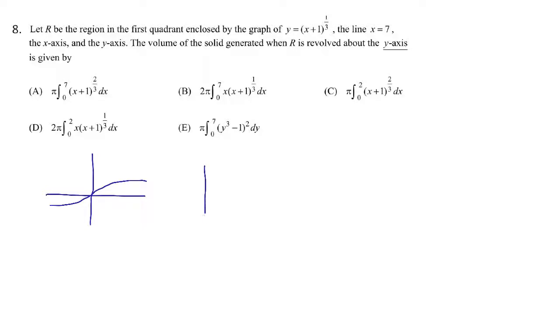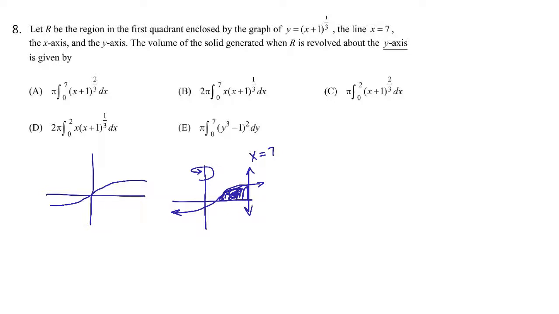So the cube root here, so that 0 is slid over, and it does something like this. And we're taking that and slicing out x equals 7. So here we have x equals 7, and we need to rotate this solid boundary here. We are rotating that about the y-axis.